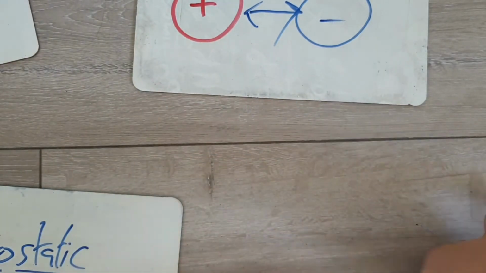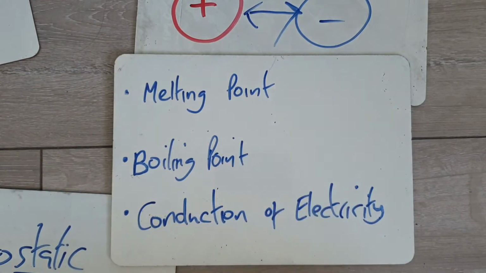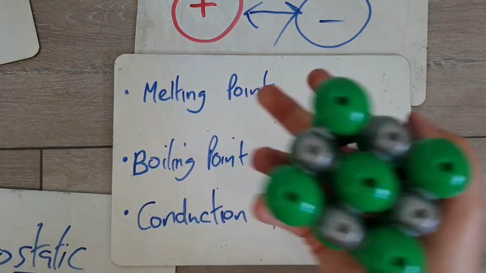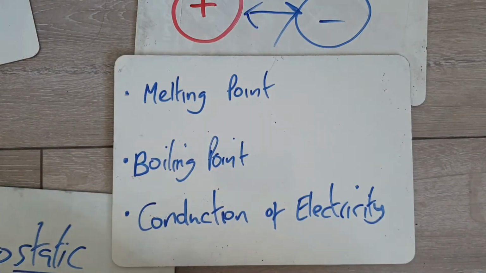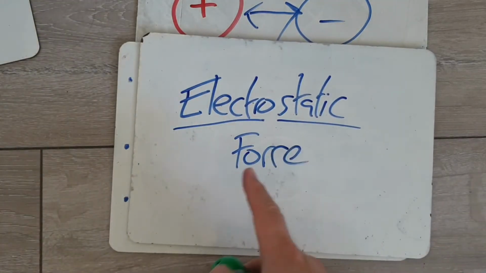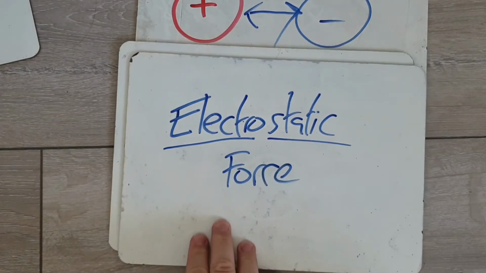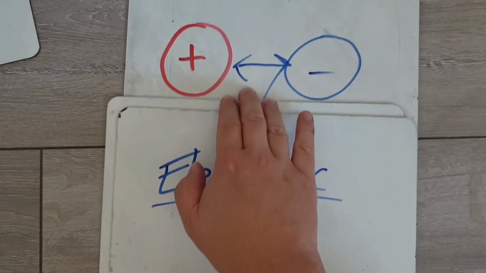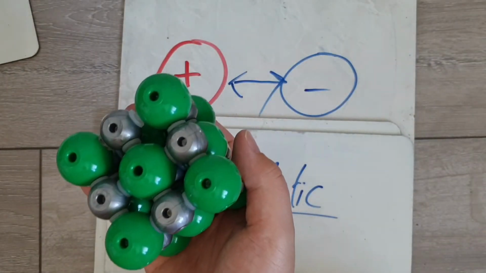So that means, going back to the whole point of this video, in terms of the boiling point and the melting point, ionic compounds have incredibly high boiling and melting points because they're held together by this incredibly strong electrostatic force. What is an electrostatic force? It's a force between oppositely charged ions. So stick it in a sentence.